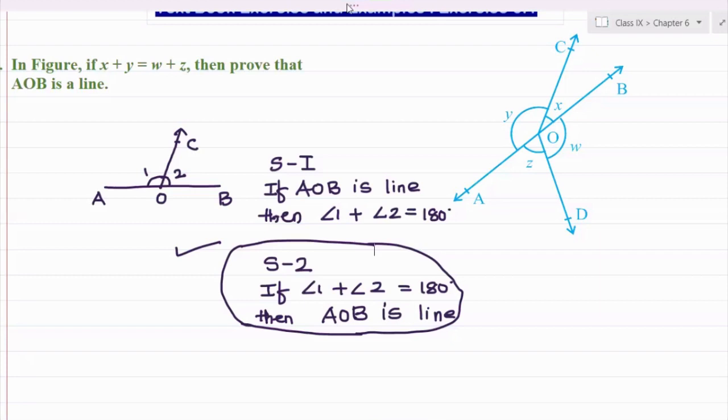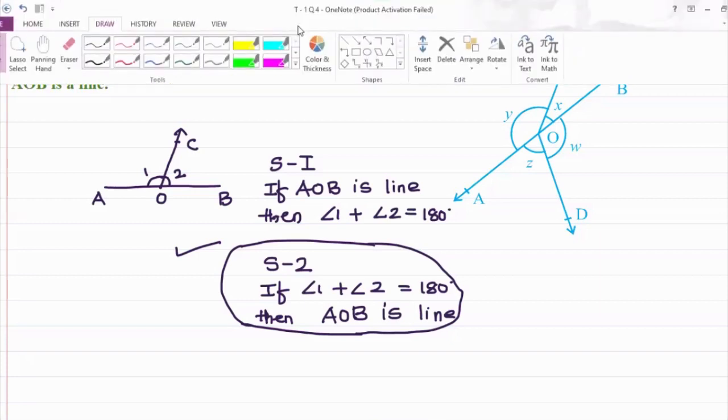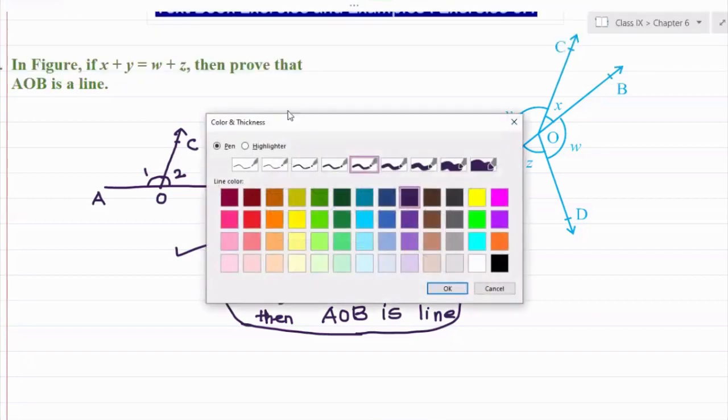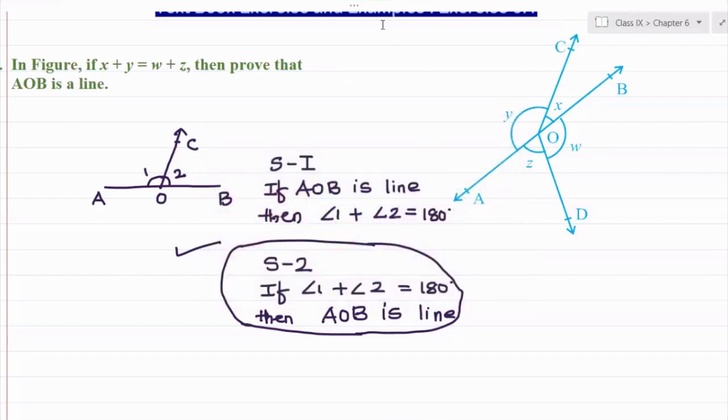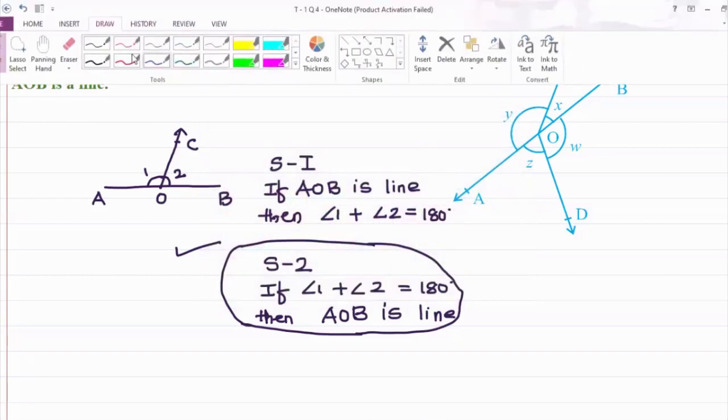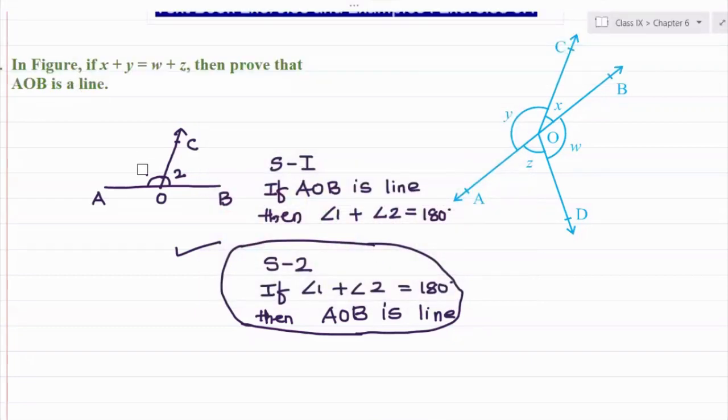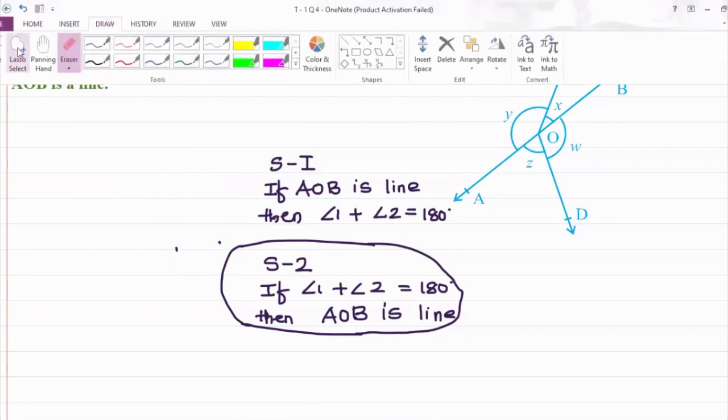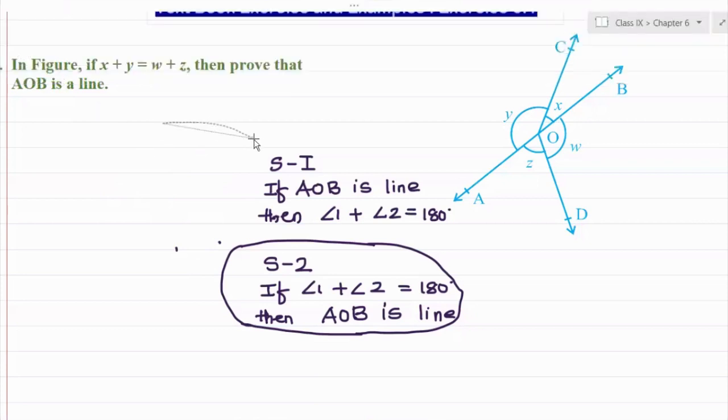So our target now is to prove that either the sum of x and y or the sum of w and z is 180 degrees. Okay, so now let us see how we can prove it. First of all, let me rub this one, then we can start the proof of our question.